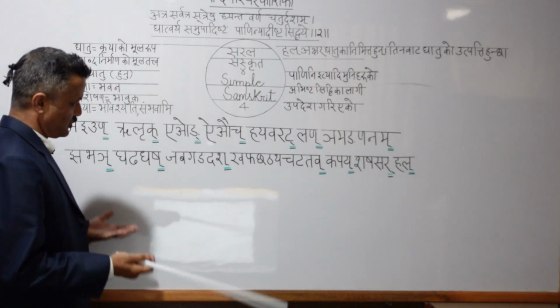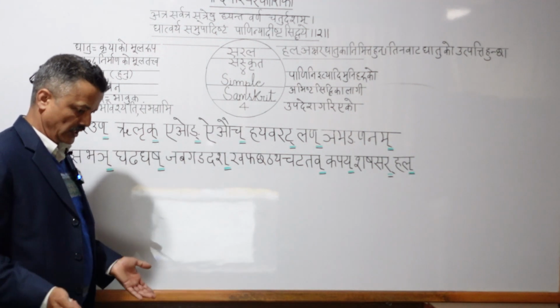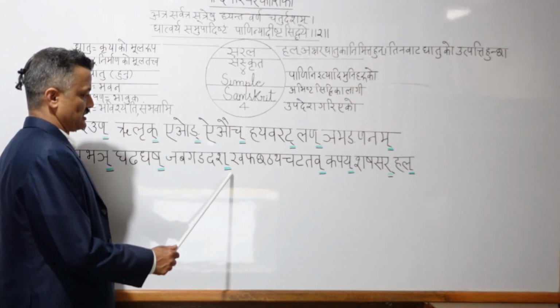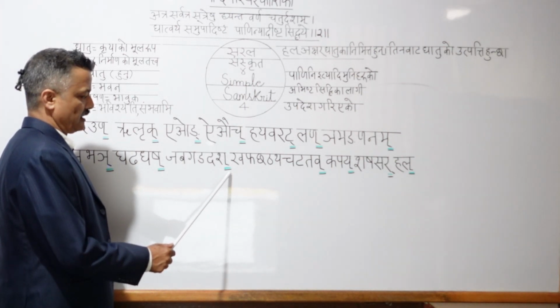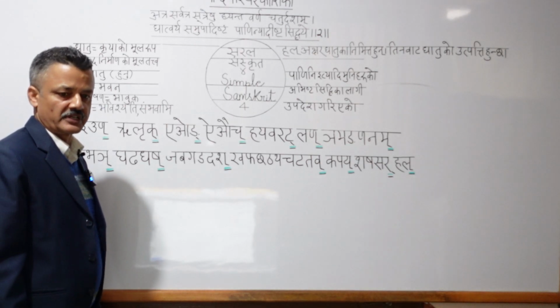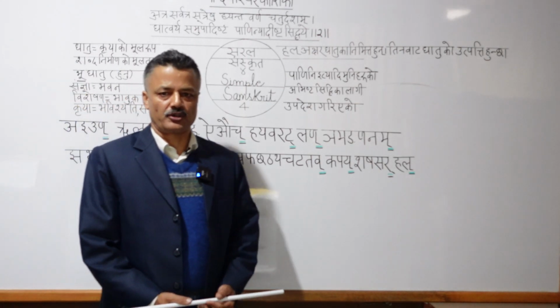So we come to understand that the whole ocean of the language originates, its source is in this spring, in this fountain, in these 14 aphorisms.